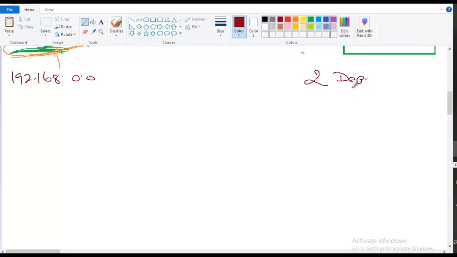Now, your job is to give me the new subnet mask and then the first subnet, which is for the first department, second subnet for the second department, and then you need to give me for each subnet the first IP, the last IP, and the broadcast IP, same like what I did above. All right, now you can start.